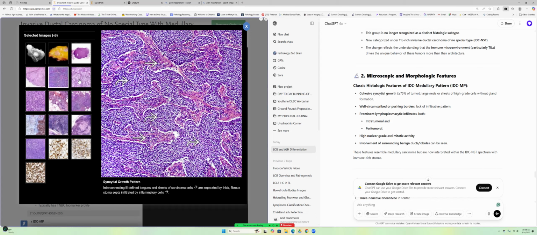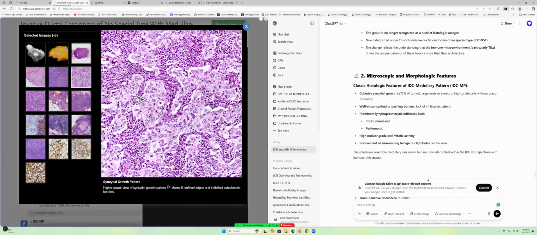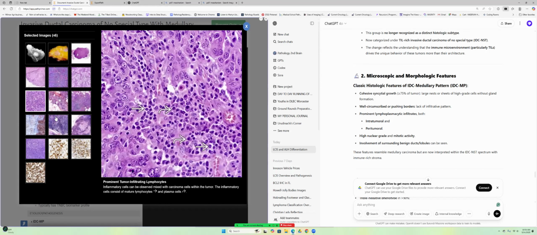The fibrous stroma is infiltrated by inflammatory cells. Syncytial tumor growth pattern, ill-defined edges and indistinct cytoplasmic borders. Prominent tumor infiltrating lymphocytes. Mature lymphocytes and plasma cells.